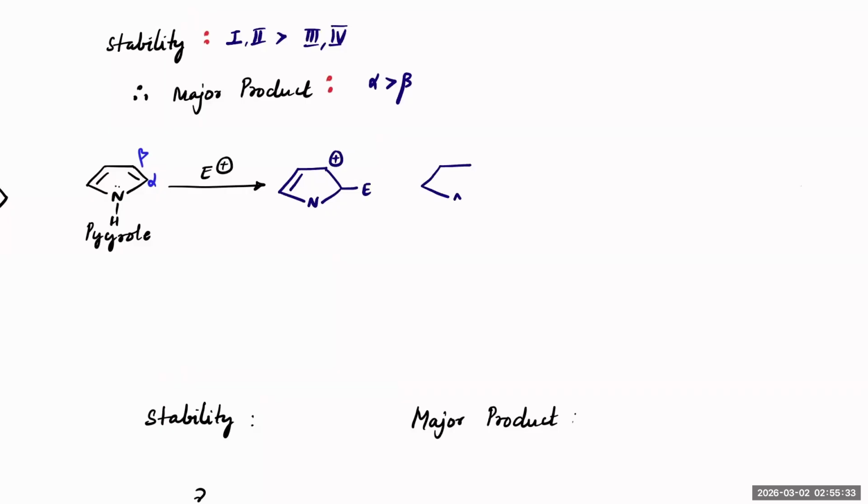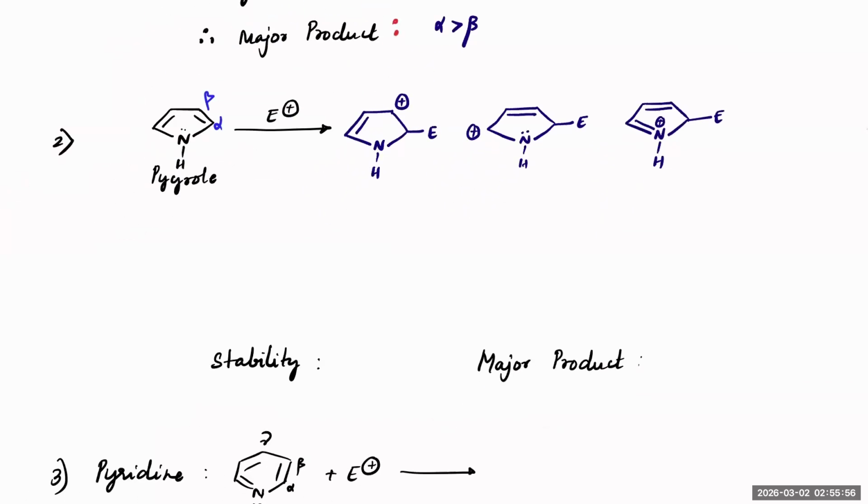Similarly, I can have NH here, a double bond here, and the positive charge coming at this position. The lone pair is here, the electrophile is here. Another resonating structure is N double bond H with a positive charge coming on nitrogen like this with an electrophile here. So how many resonating structures are we getting? Three, if it is alpha substitution.